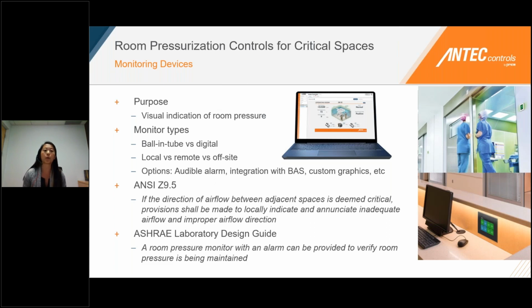And then the ASHRAE Laboratory Design Guide just says that a room pressure monitor with an alarm can be provided to verify room pressure, but it doesn't say that it is required. So for the most part, we don't see monitors in labs too often just because they aren't required by the standard, but again, it will always come down to end user or owner preference.